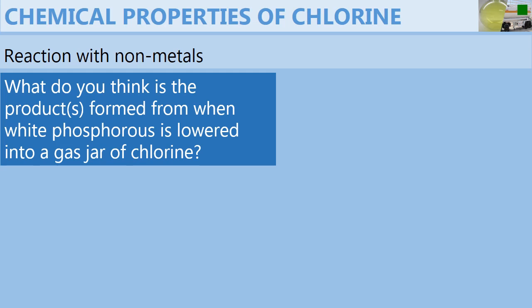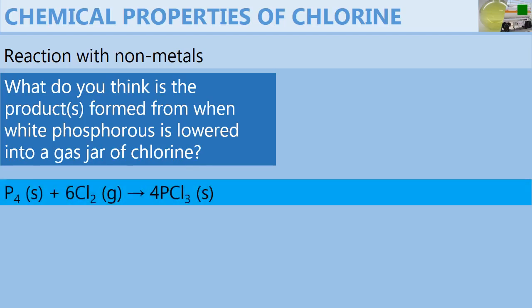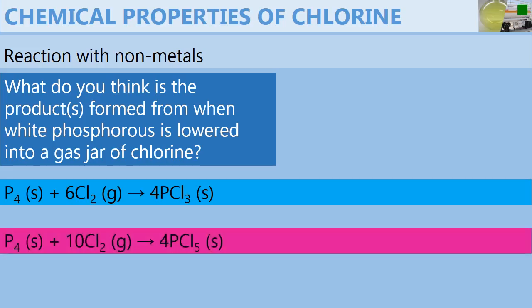So when you're carrying out this experiment, no heating is required. The products formed are phosphorus 3 chloride and phosphorus 5 chloride. These two reactions take place at the same time to form a mixture of the two compounds.